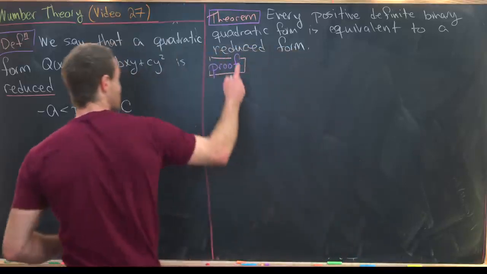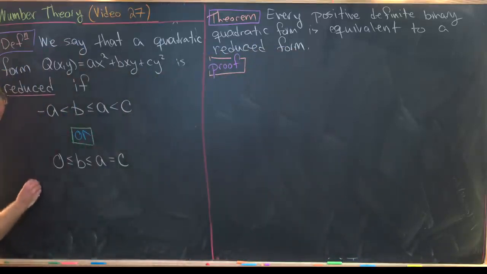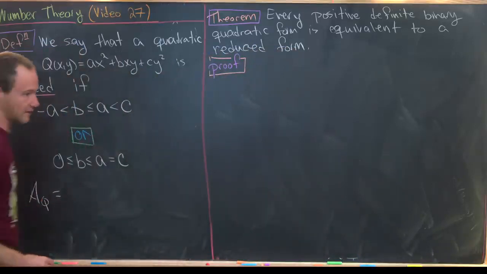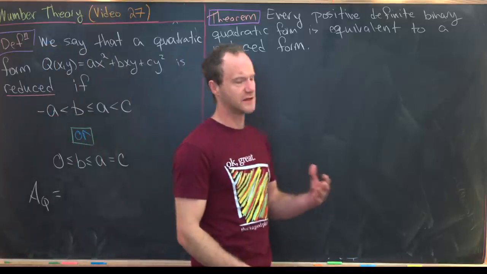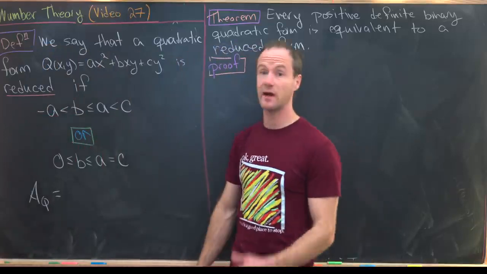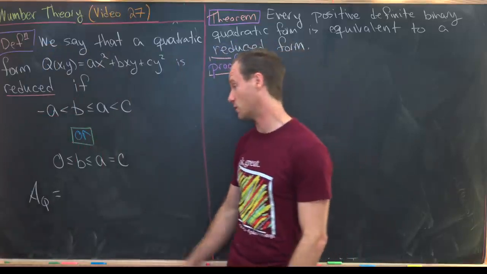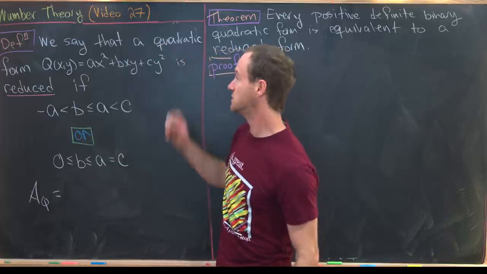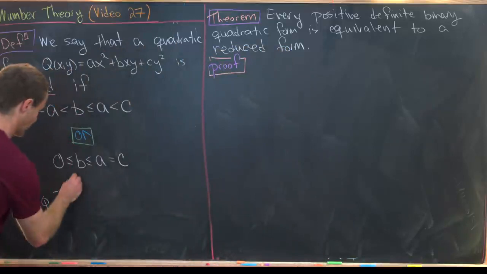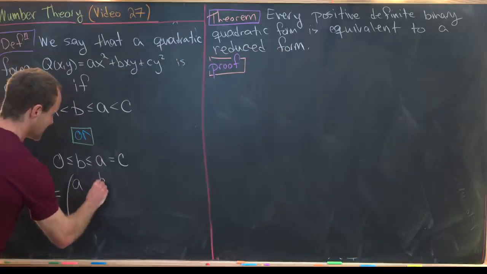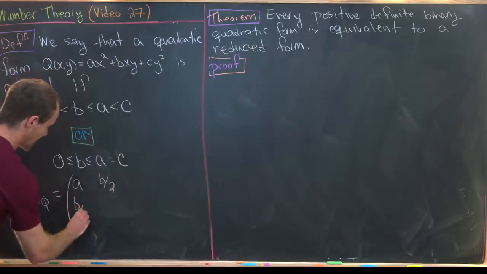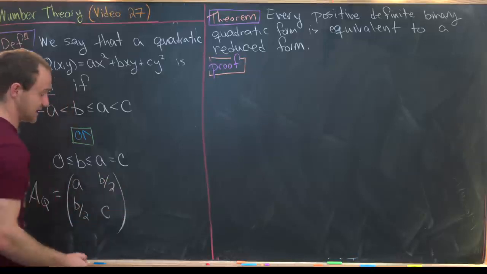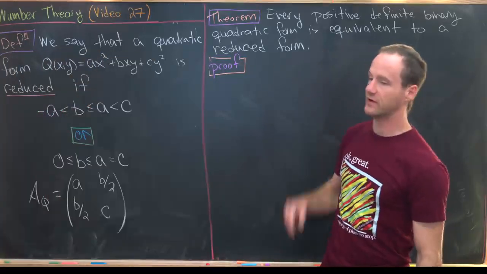Now, before we look at our theorem over here, let's recall, as we've done on the last boards, that we often use a lot of linear algebra here, and we'll do that in this case as well. So A sub Q, in other words, the matrix associated to this quadratic form, is given by a, b halves, b halves, and c. So now let's look at our theorem.